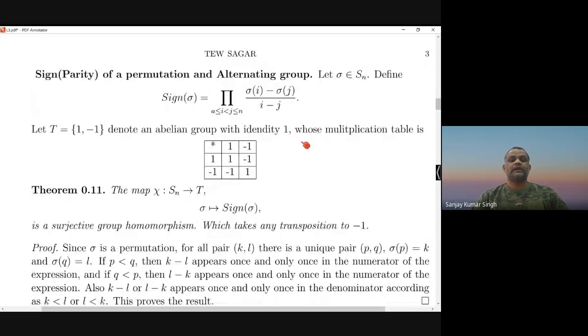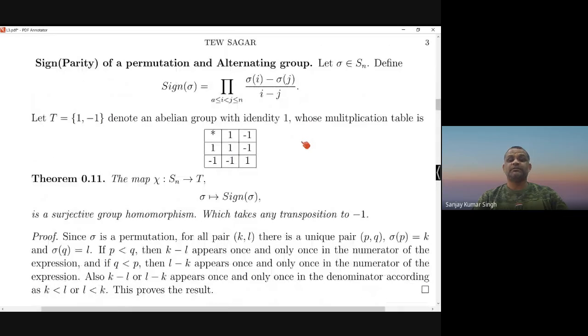Now we come to another concept in permutation groups, called the parity or sign of a permutation. Corresponding to any permutation sigma in Sn, we can define its sign, which is basically a formula: a product over all i, j such that i is strictly less than j, where i and j vary between 1 and n. Here there is a small typo.